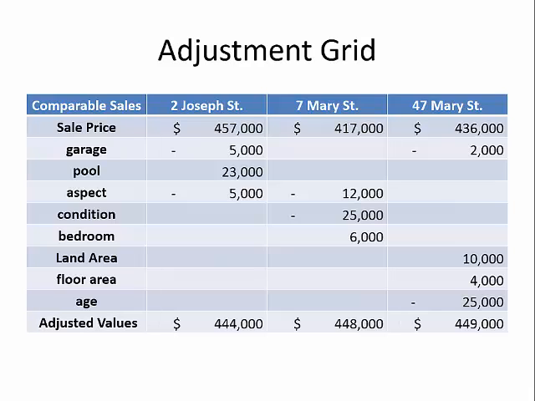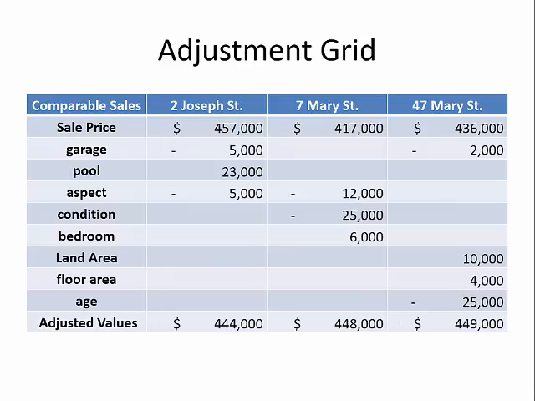If we look at the 2 Joseph Street property, we see that it sold for $457,000, but there are differences between it and the subject property in terms of whether one has a garage, a pool and a different aspect. On the basis of the valuer's estimates of the values of these different contributions, the value is adjusted from the $457,000 by those adjustments, and it comes out at $444,000.